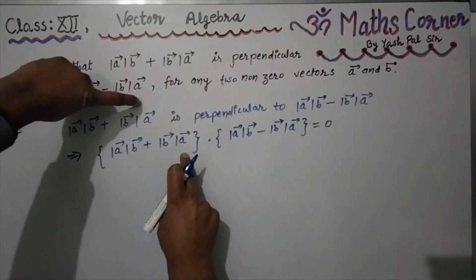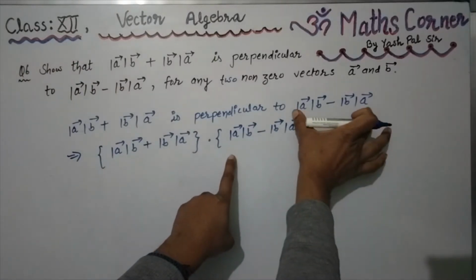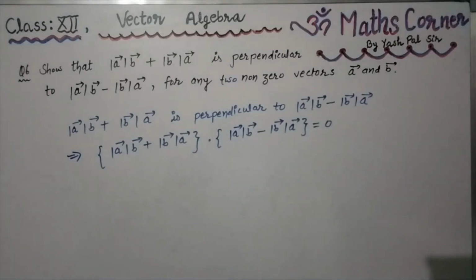That is, the first vector is written inside one bracket, the second vector inside another bracket, and their dot product is 0.